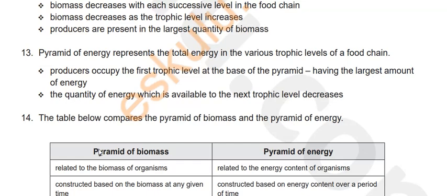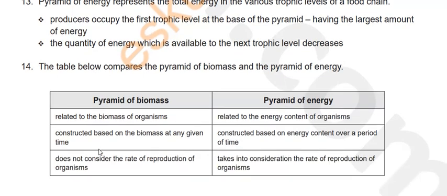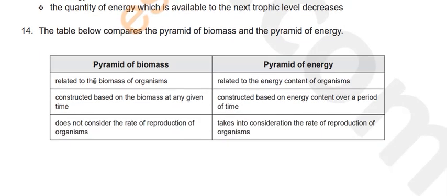Let's see the comparison. The pyramid of biomass relates to the biomass of the organisms. The pyramid of energy relates to the energy content of the organisms.